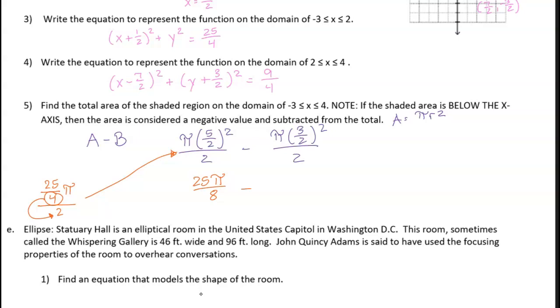Remember, we can bring that 4 down to the other denominator by multiplying those denominators, so it becomes 9 pi over 8. Sorry, 8. Now we have like denominators, so we can go ahead and subtract these. 25 minus 9 is 16 pi over 8. And 16 divided by 8 is 2 pi units squared. We don't have a unit, so you can just put u there, units squared. And we're done.